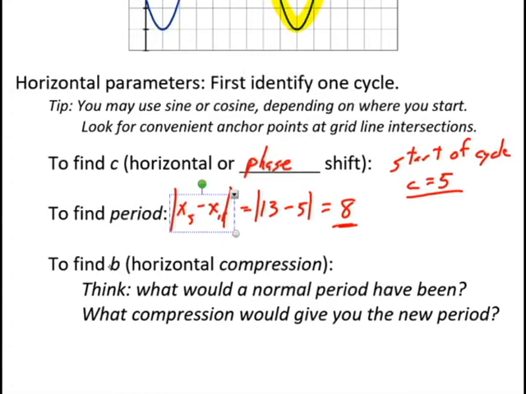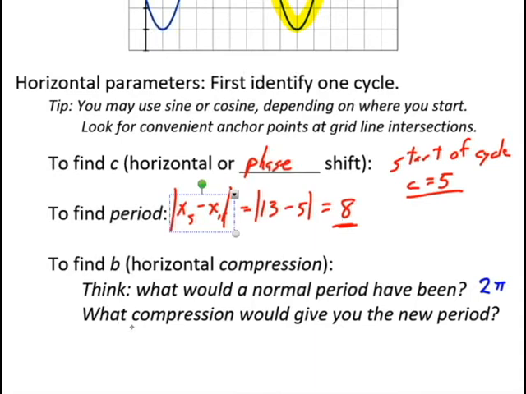Notice that's not the same as our compression factor. To find the actual B parameter, we start by saying, what would a normal period have been? Well, 2 pi. That's the period of sine and cosine, because that's how long it takes for the functions to start repeating themselves. Now, we want to know how you would compress that to get a period of 8.